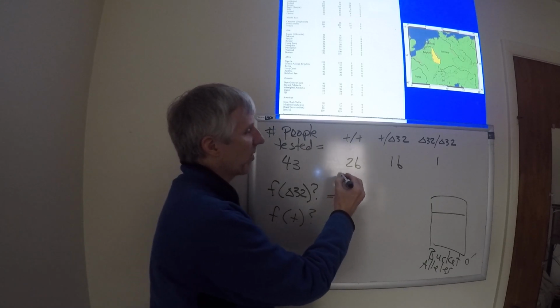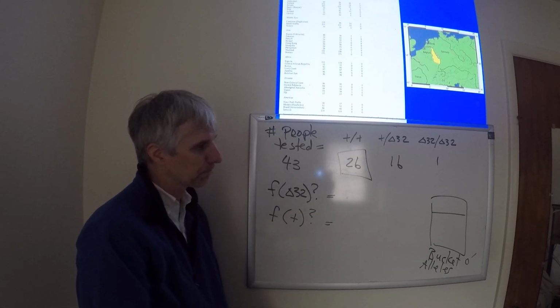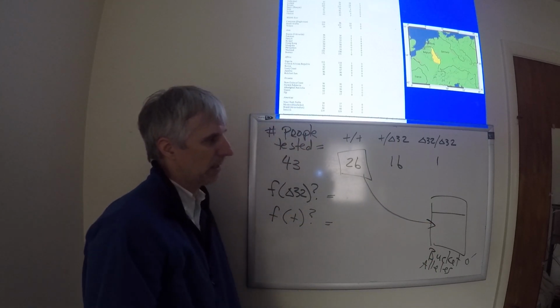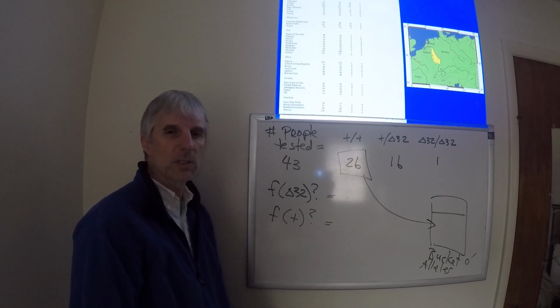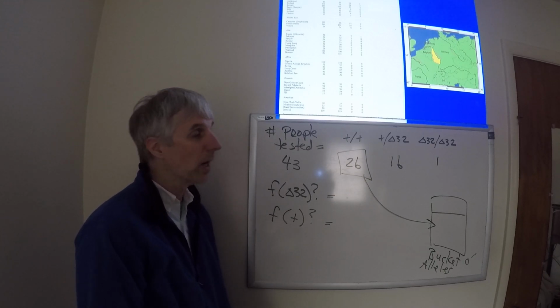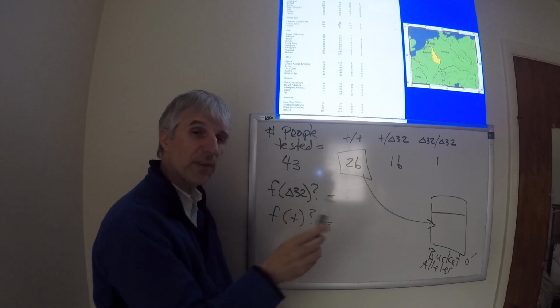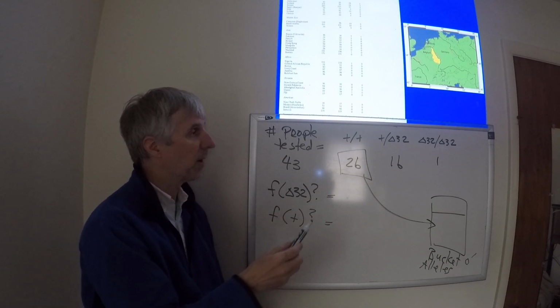If we talked about these 26 people and we took their alleles and put them into the bucket, how many alleles did they contribute? Well, each individual has 2 alleles, so that would be 52 alleles contributed to the bucket.